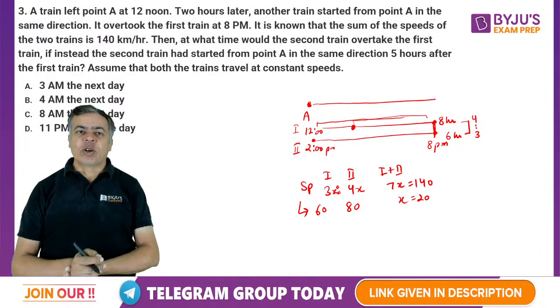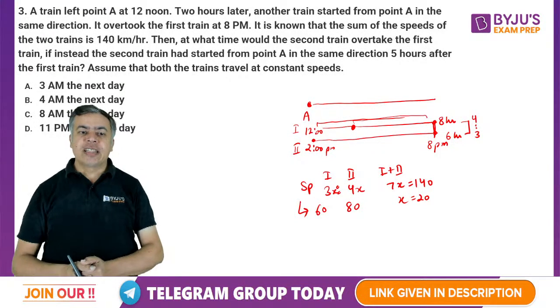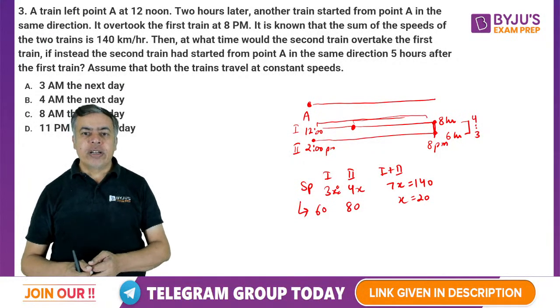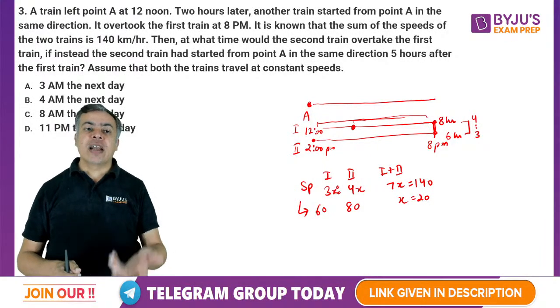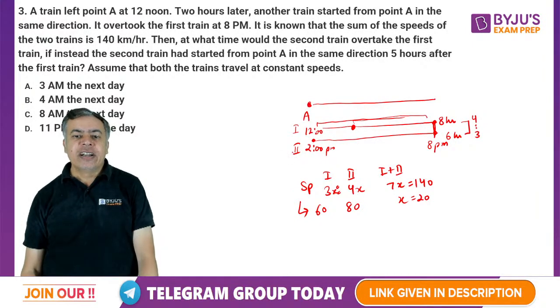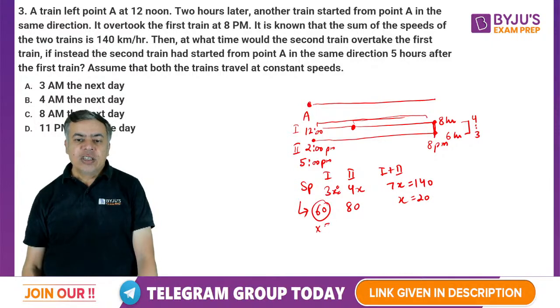Now the question is, at what time would the second train overtake the first train if instead the second train had started from point A in the same direction 5 hours later than the first train? So now the second train starts at 5 p.m. In those 5 hours the first train will already cover 300 kilometers.